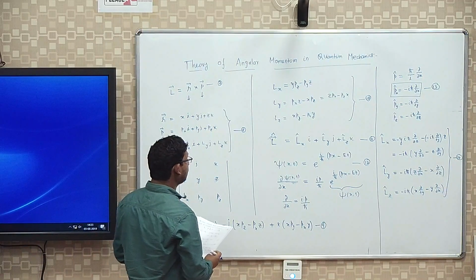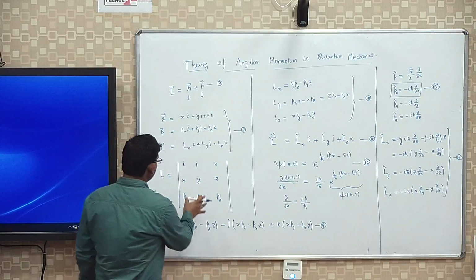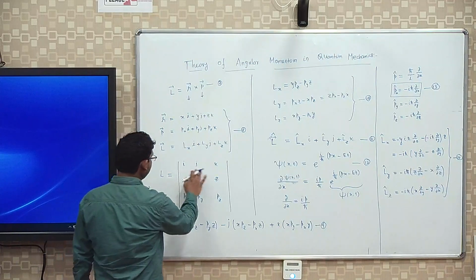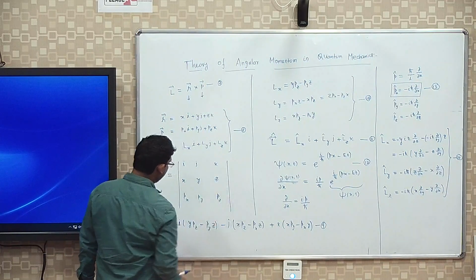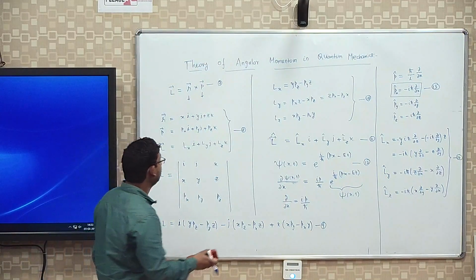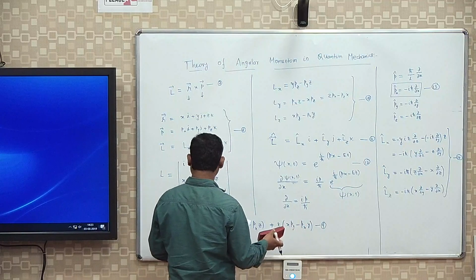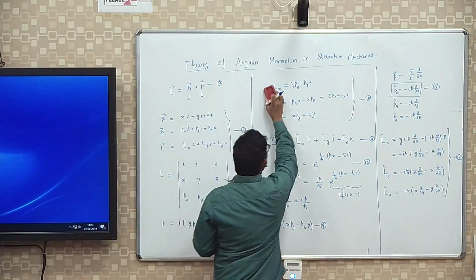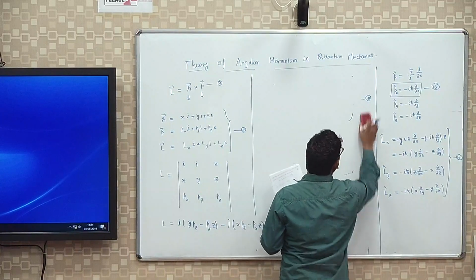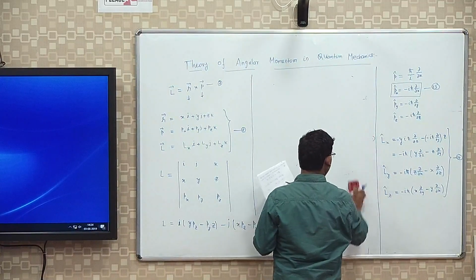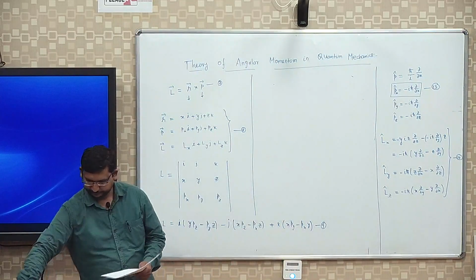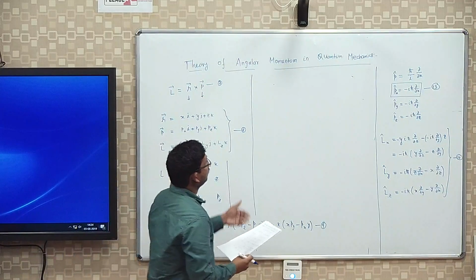So we can replace this equation, L equal to the determinant of i, j, k, x, y, z as the position vector and then the momentum vector, by using the expression number 13.